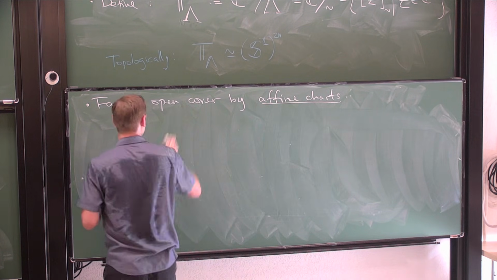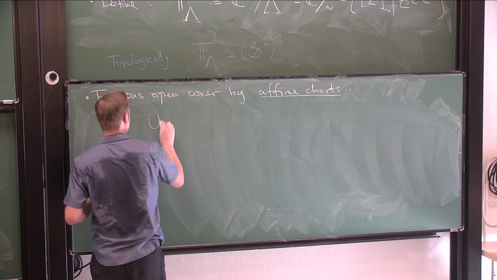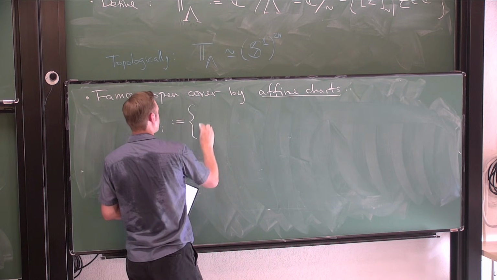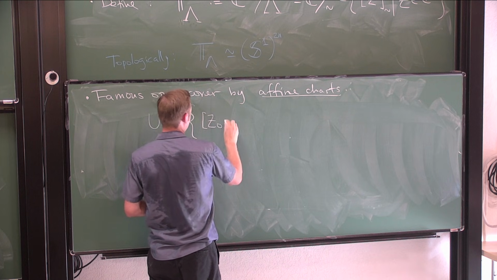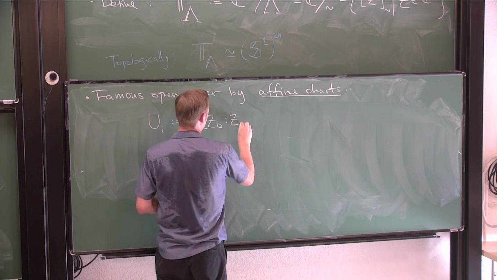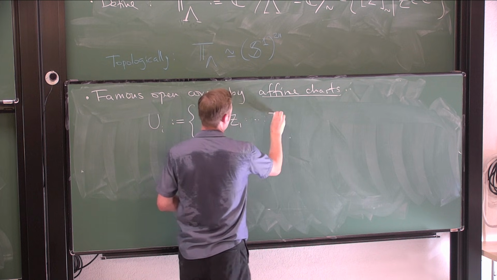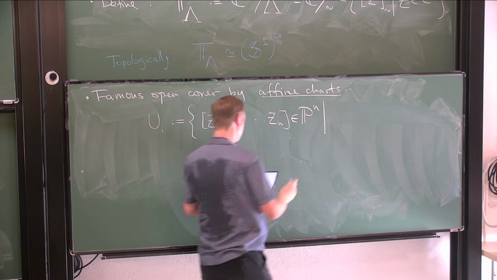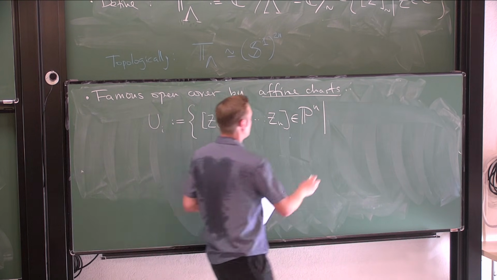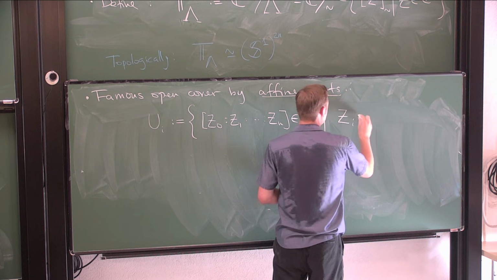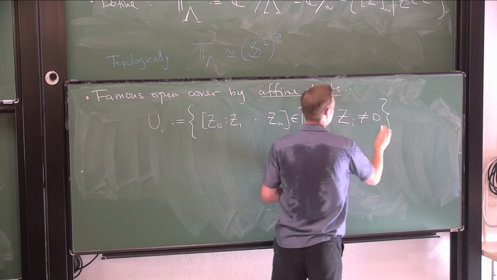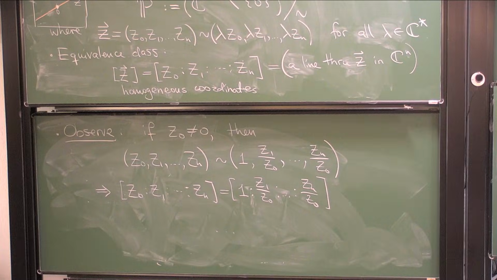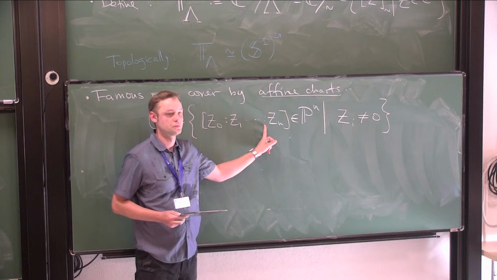I will call them U sub i. So what is this? This is a subset of the complex projective space, P^n, where I restrict the attention to the case where the ith entry in this tuple is non-zero.